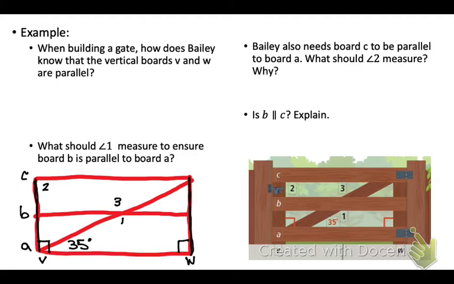Because they both have right angles. Well, okay, so if we're assuming they're parallel, right? So we have this line and this would be a transversal right here. So I've got to meet one of my transversal rules, don't I? One of the rules I just went over.